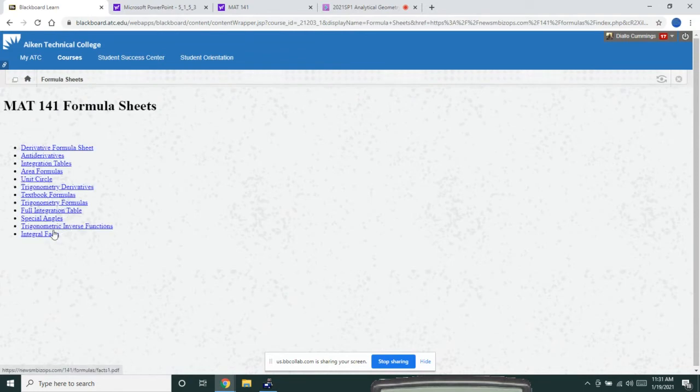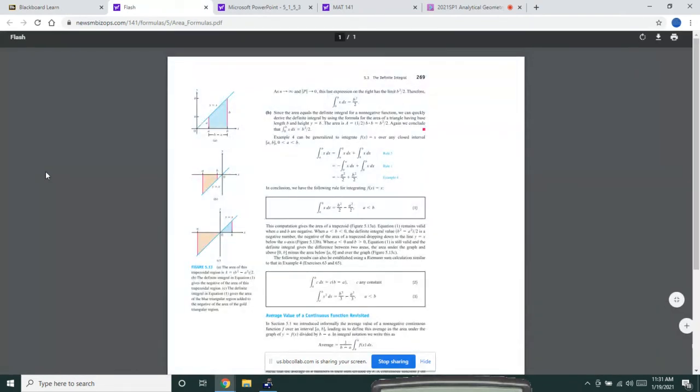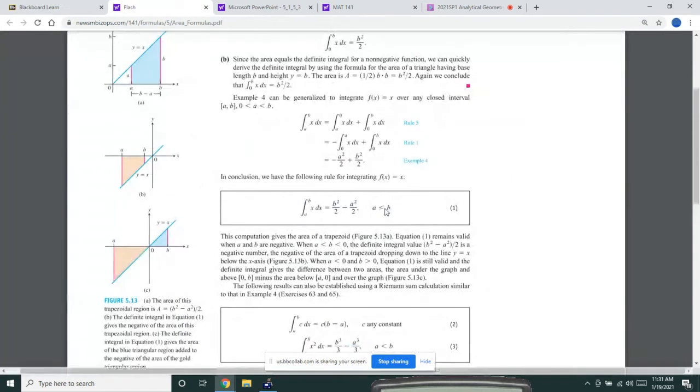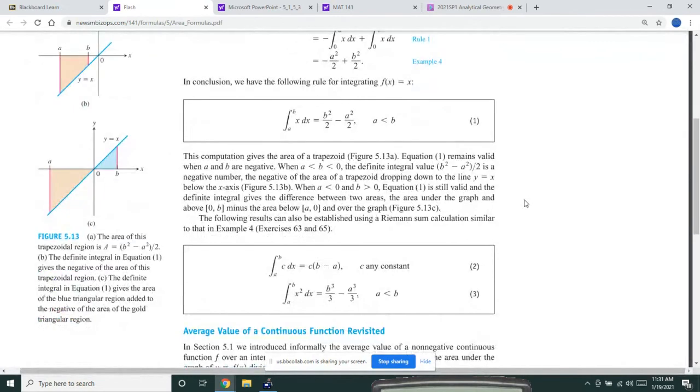I want to go into this area formulas link. And here we actually have, I believe, 3 formulas. And this is the first formula.